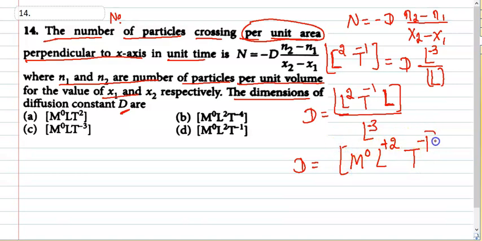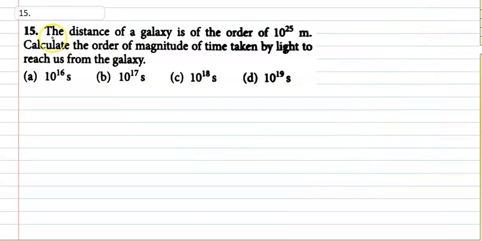Which option matches? M0 L to the power of plus 2 T to the power of minus 1, option D is the correct answer for this question.